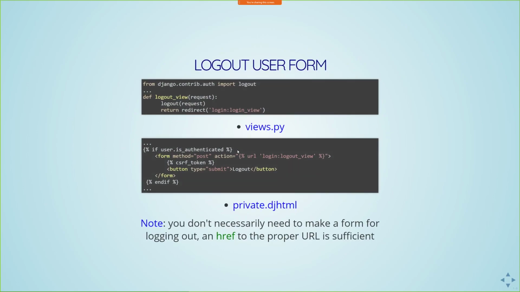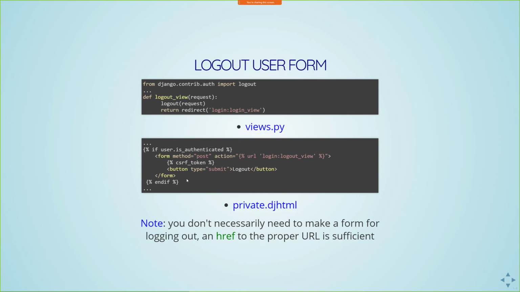Okay, so something we didn't get to last time was actually logging the user out. So you can imagine the user might not want to stay logged in the entire time. So how would we go about this? So a good place to start would be to put the logout button in, say, one of these areas like private.html that you access once you're logged in.